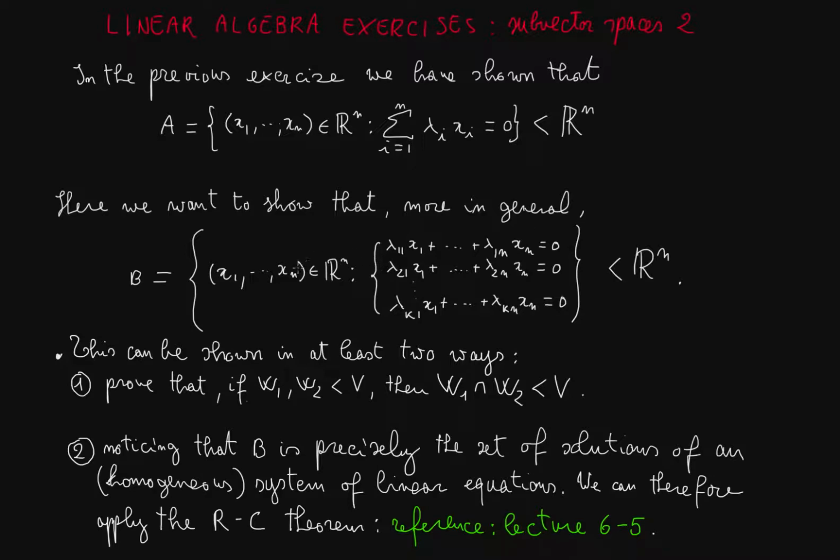So just quoting part of the Rouché-Capelli theorem, we will know that this is a vector space over R, but the theorem tells us more about this. It tells even something about the dimension of B. B being a subvector space of Rn will have an associated dimension, and if we just look at the statement of the Rouché-Capelli theorem, we will deduce the following.